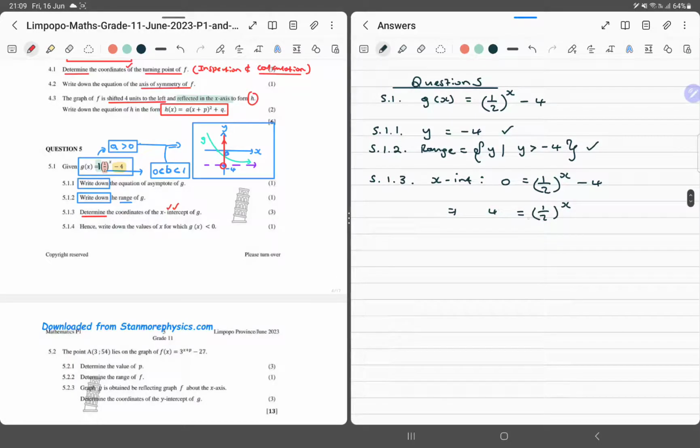Now we can see that there's a relationship between these two. We can easily say this is 2 squared equals 2 to the exponent minus x, right? We convert this to a negative exponent. All we want is for these bases to be the same. Then we can simply equate the exponents. Now when we equate the exponents, this implies that 2 is equal to minus x. Therefore x is -2. Great stuff. And therefore our x-intercept, because we're asked coordinates, is going to be (-2; 0). Okay, now that is it. That's the answer.